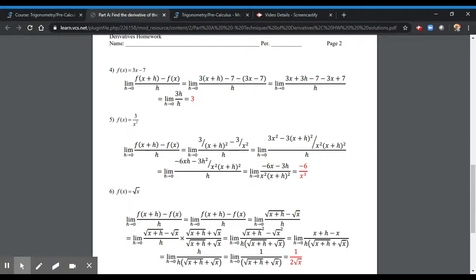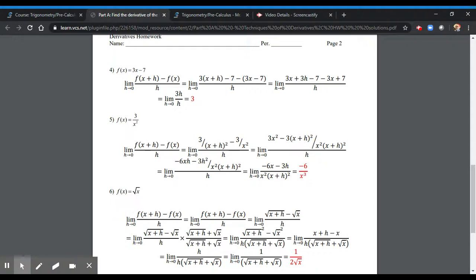Well, let's look at what happens. Here, I'm going to have 3x squared minus 3 times, I'm going to expand this out. I'm going to FOIL this to be x squared plus 2xh plus h squared. So this gives me 3x squared minus 3x squared. Those cancel out.